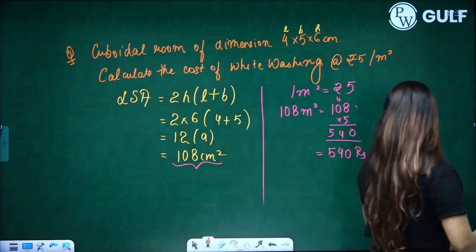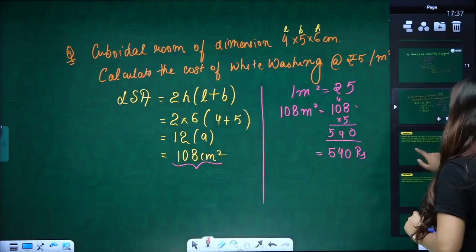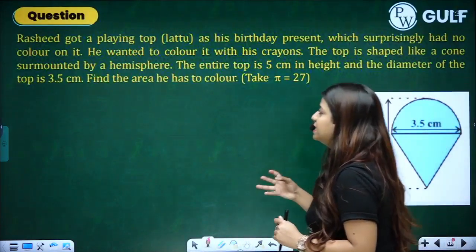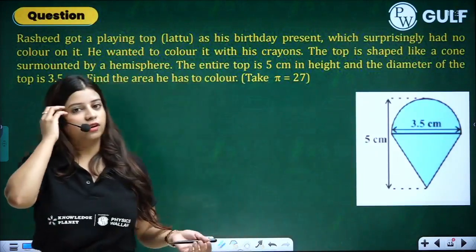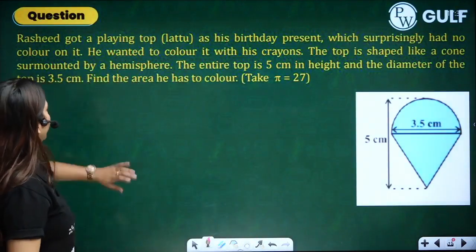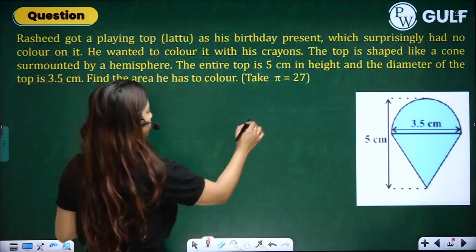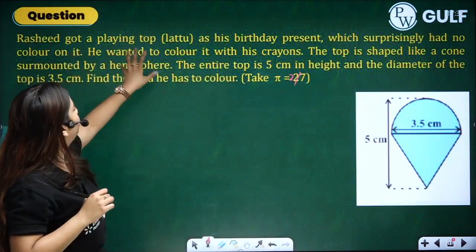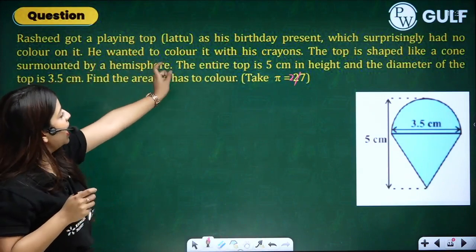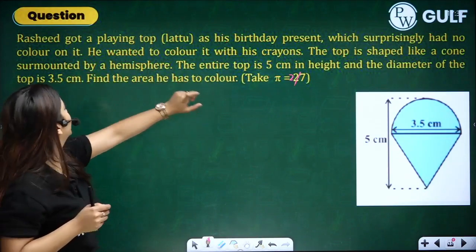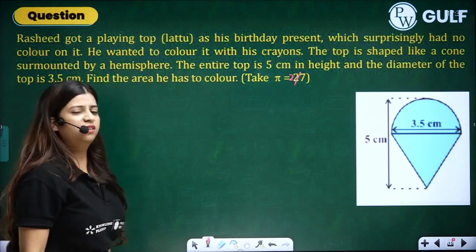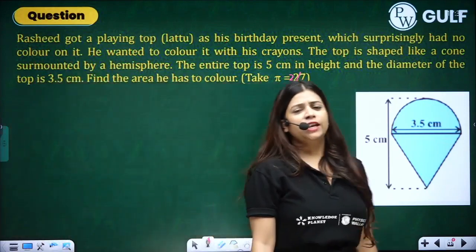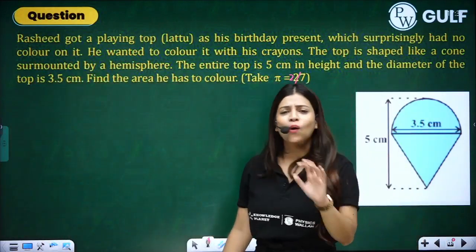Now let's move forward to certain questions which are a combination of figures. So over here, this will be 22 by 7. Rashid got a playing top, a lattu, as his birthday present, which surprisingly had no color on it. So basically he got a gift with no color on it.